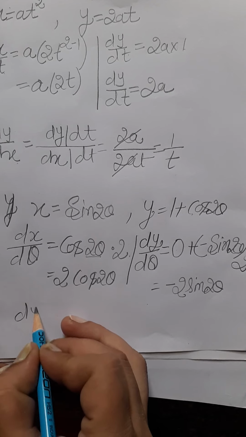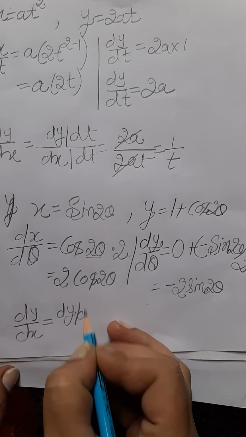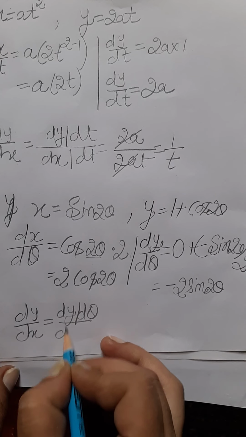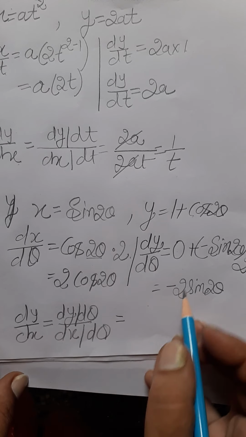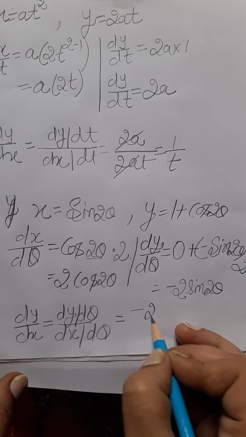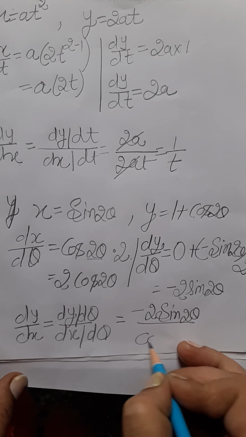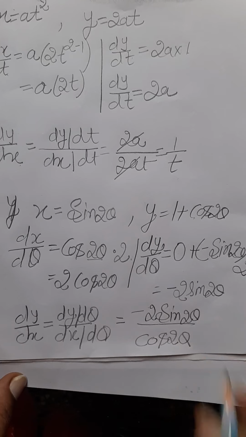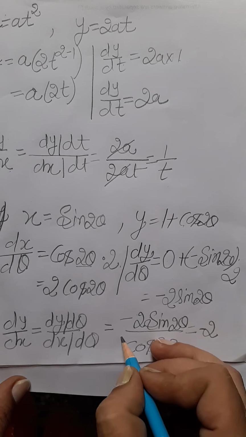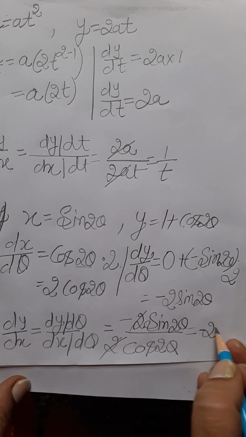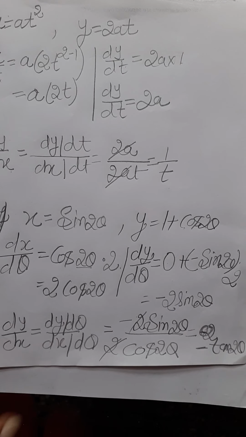Now we apply the formula dy/dx = (dy/dθ)/(dx/dθ). After this, we put the values and we get minus 2 sin 2θ upon 2 cos 2θ. Cancelling 2 by 2, sine upon cos, and we get the answer minus tan 2θ.